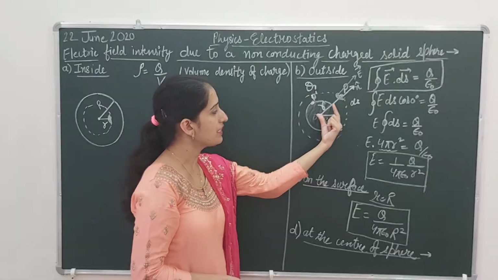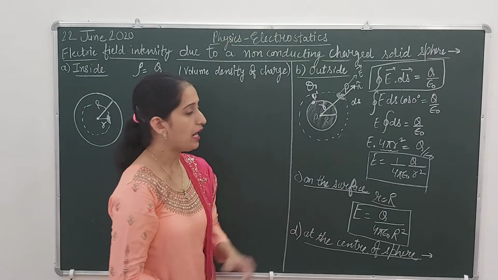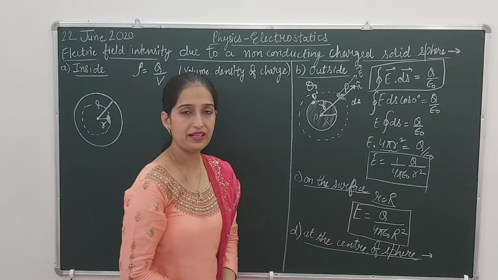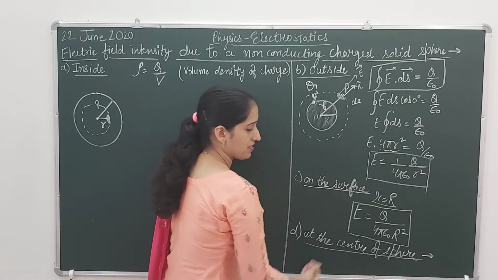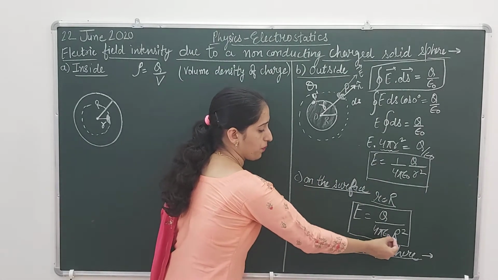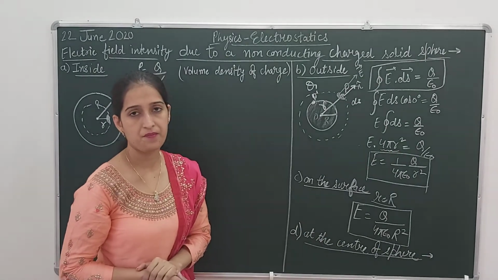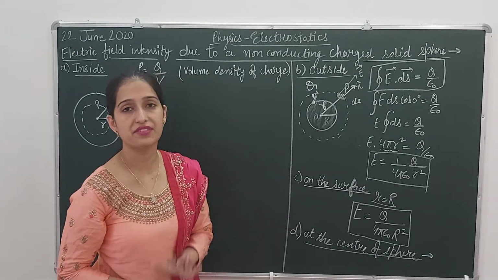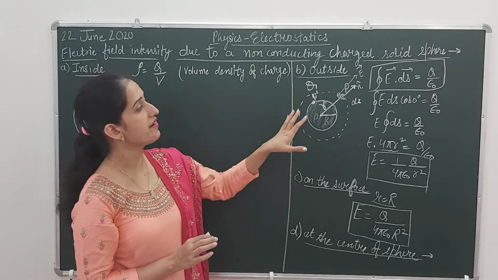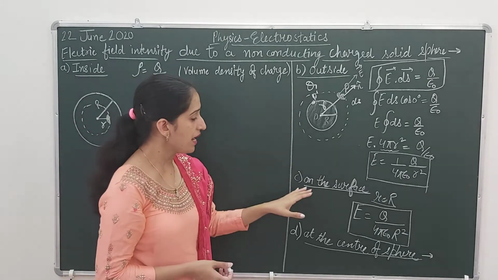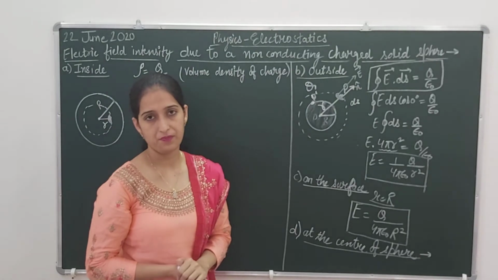The only change is this distance. Now r will be replaced by capital R, and we get the result E equals Q by 4 pi epsilon naught R square. This thing also we have discussed in our previous topic. So this is about the electric field intensity outside the sphere and on the surface of the sphere.